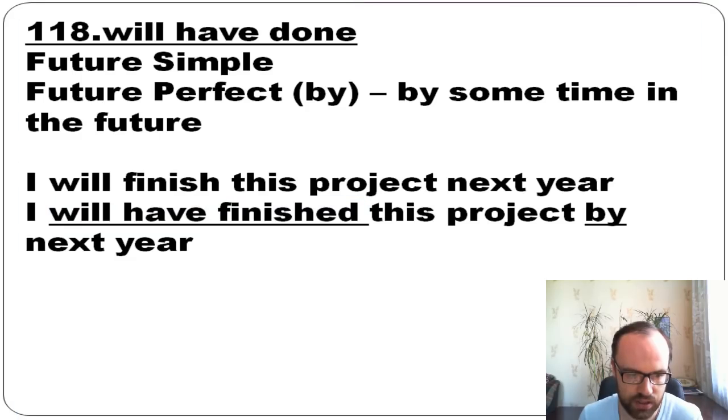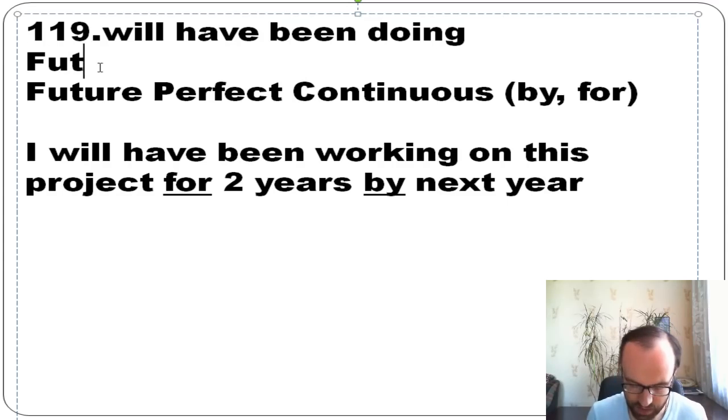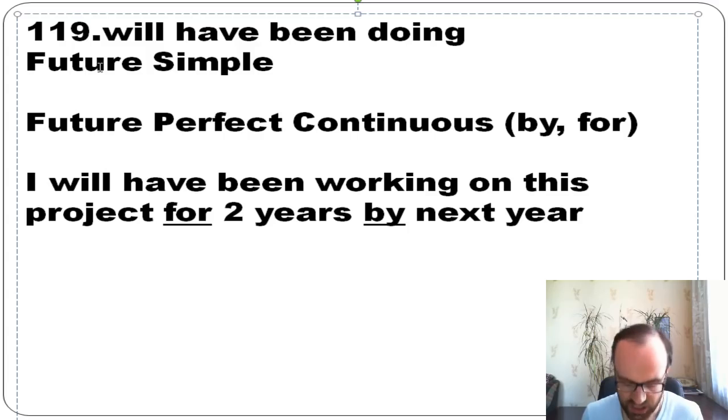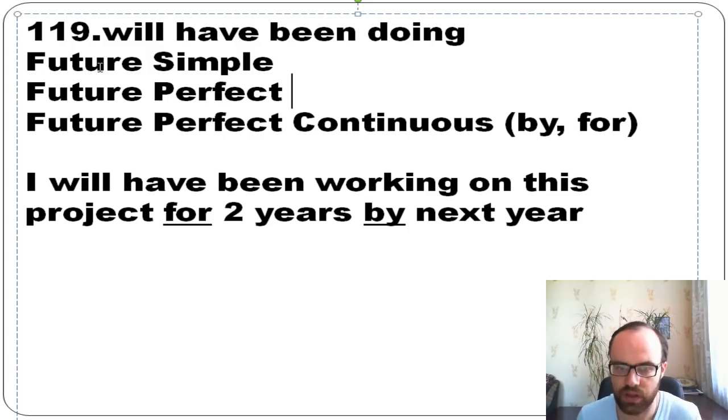Okay, so next, will have been doing something. It's the same thing. The difference between future simple, future perfect, and future continuous isn't big. It's easy to understand. In most cases we use future simple. We use future perfect and future perfect continuous quite rarely, so it means not often.